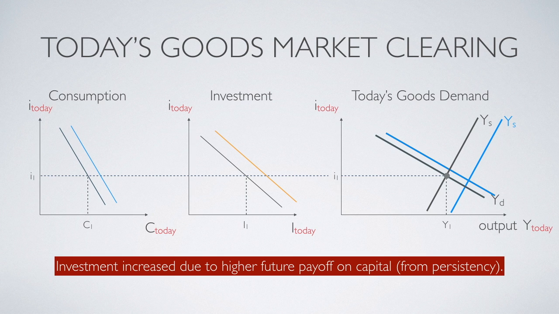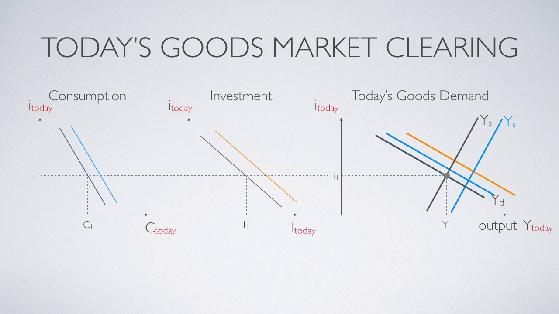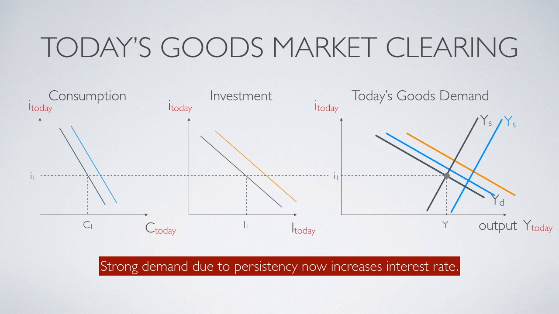However, when the investment demand shifts to the right, the final output demand YD curve will shift to the right further. And when such temporary good news on productivity is persistent enough, the increase of YD can be large enough that, at the end, this kind of strong demand due to persistency can actually increase today's interest rate from I1 to I2.